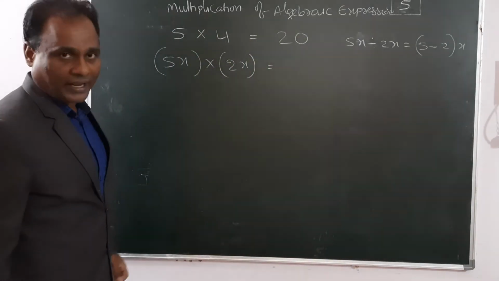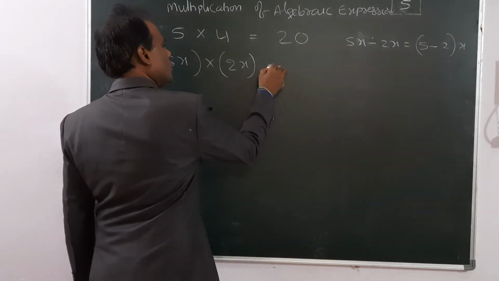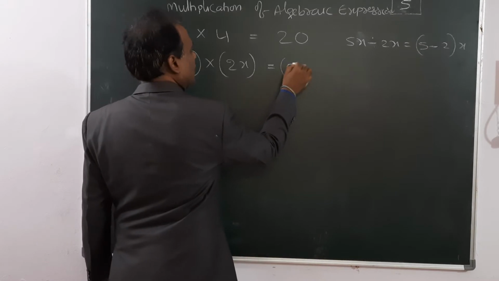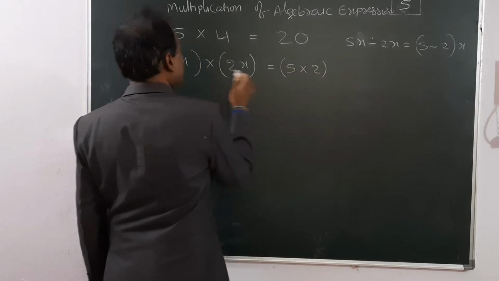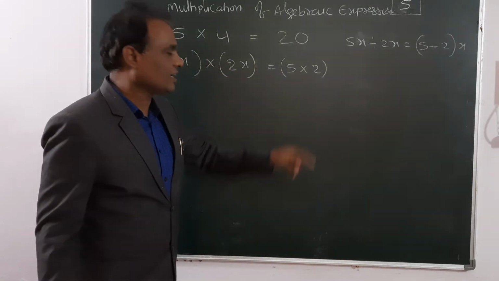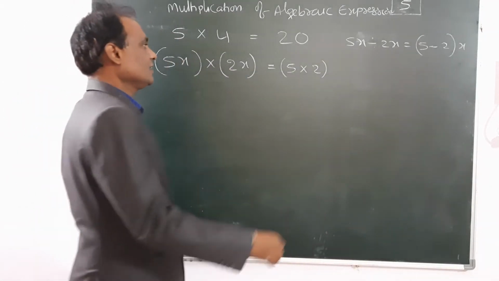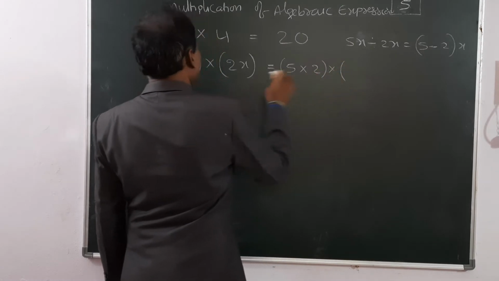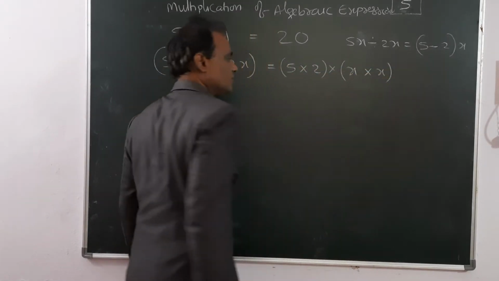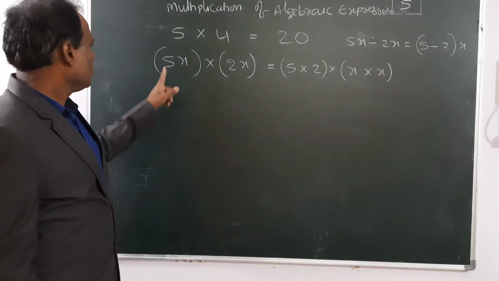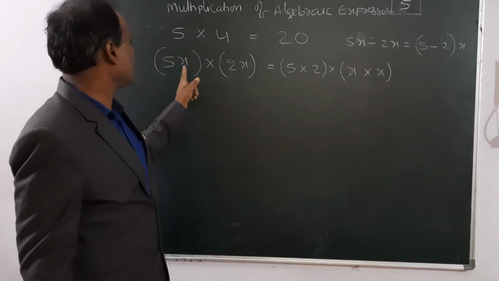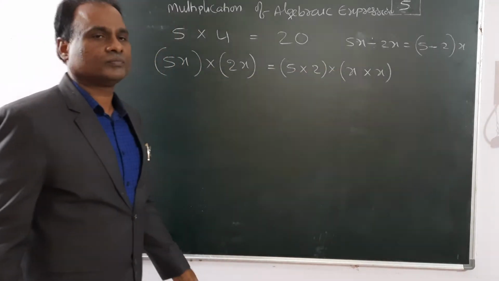So how to multiply? Simply you multiply coefficient with coefficient, that means constant with constant. 5 into 2 you multiply. Then x into x you multiply. The coefficient is multiplied with the coefficient, and the variable is multiplied with the variable.